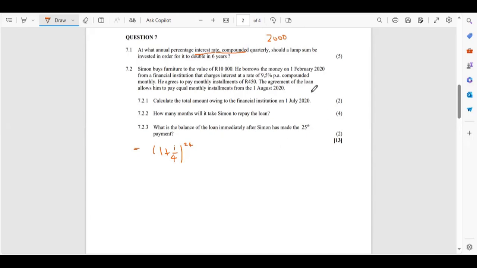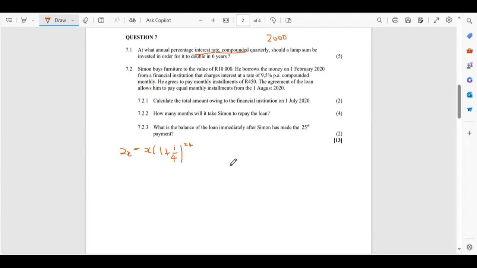So meaning that any amount that you invest should double whenever you're using this interest rate. So we need to look for that interest rate. Now I can make this in terms of X, saying that if I invest my X, which is my present value, I need to find I, the interest rate, which would double my initial investment. Meaning that in the future, I should get double X, which is 2X.